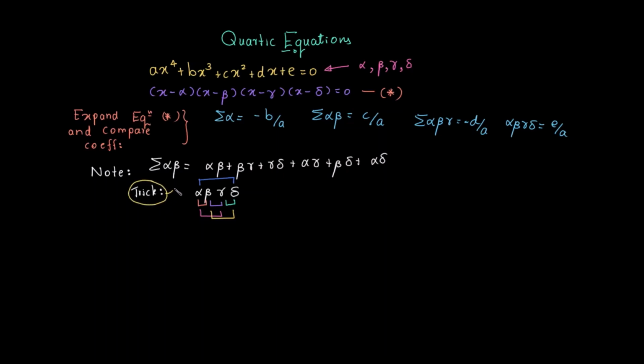And now let's take down another note, and that is for sigma alpha beta gamma. This is basically alpha beta gamma plus beta gamma delta plus alpha beta delta plus alpha gamma delta.